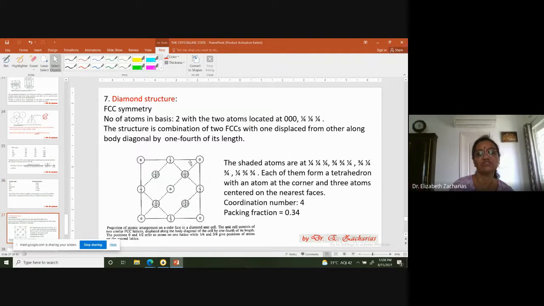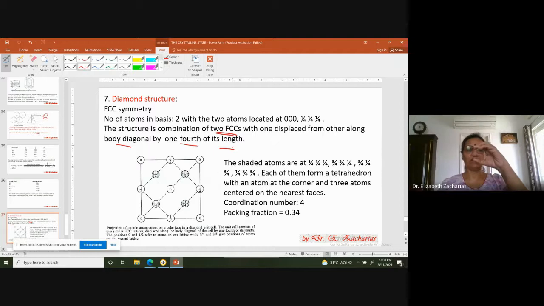Now coming to diamond structure. What is there in a diamond structure? Diamond structure is an FCC. How do you say it is FCC? All atoms are the same. Then why do you call it an FCC? It is a combination of two FCCs. Diamond structure will have FCC symmetry, but it will be a combination of two FCCs with one displaced from the other along the body diagonal by 1/4 of its length.